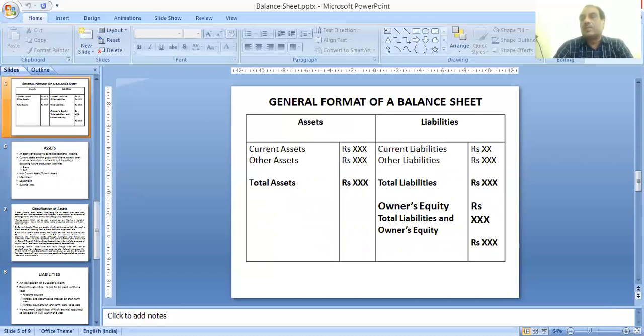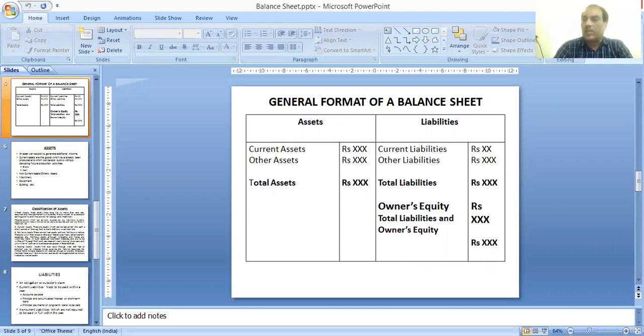Assets include current assets and non-current assets or other assets. You know current assets, we have already learned the definition in the previous class where we discussed the basic terms of accounting. Current assets are those assets which are generally utilized within a year, which are kept for liquidating within a year.